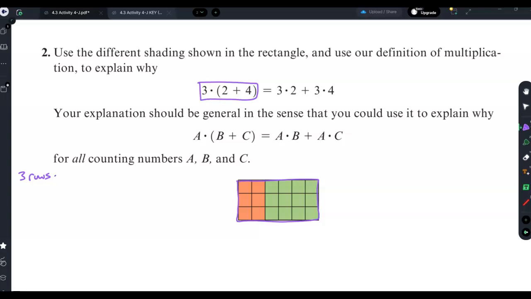And we're going to multiply that by, where does the 2 come from? The 2 comes from the number of red squares in each row, and the 4 comes from the number of green. And again, that's not a total red and total green, that is per row.